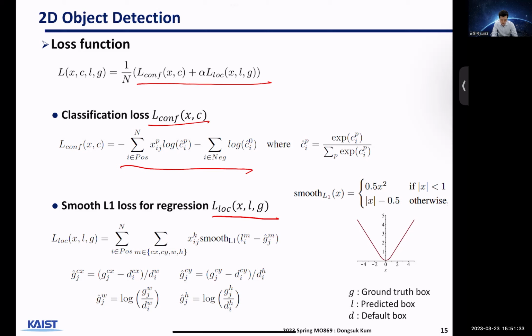So the idea is to minimize the error between the prediction versus the ground truth position. This is a visualization of the loss. Obviously we want to minimize the loss to optimize or train the network.